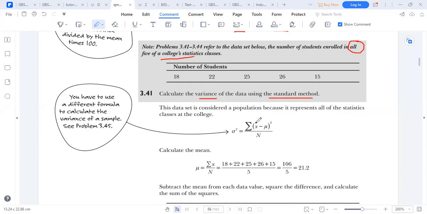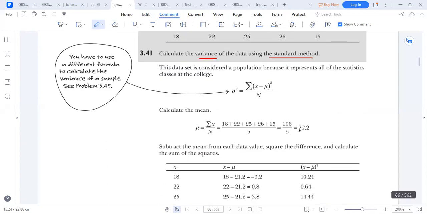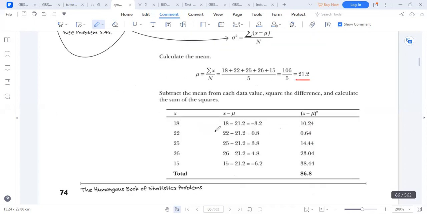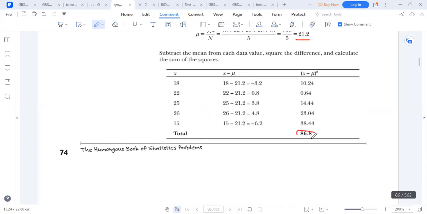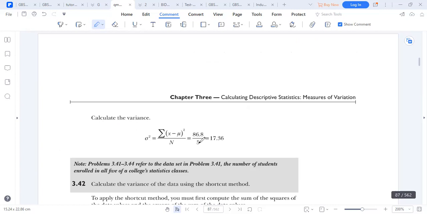Please understand that the population and the sample are different. Total them up, we get the mean. Subtract from each of these ones here. So 18 minus 22.1 squared, 22 minus 22.1 squared, and then the total here, which we divide by n: 1, 2, 3, 4, 5. So we divide this by 5. What we get is called our variance.